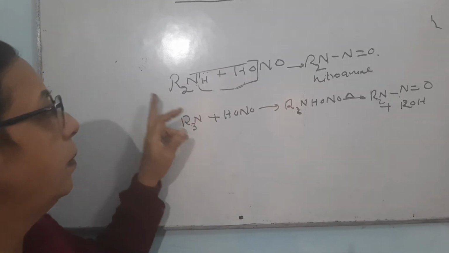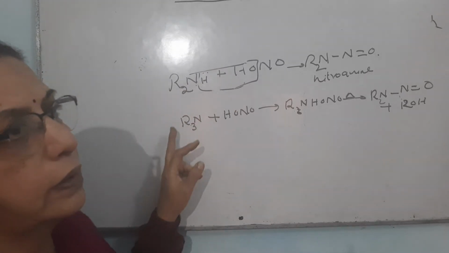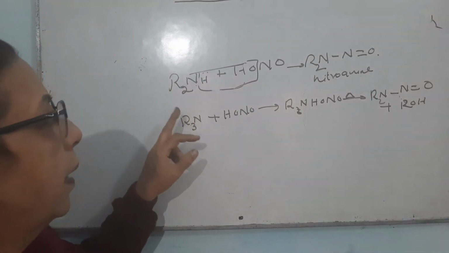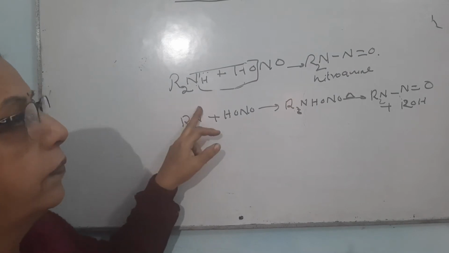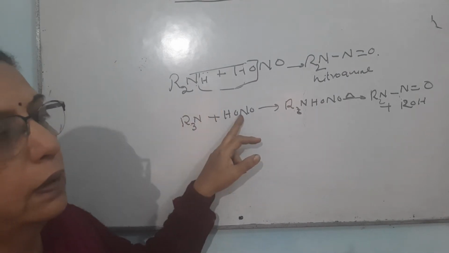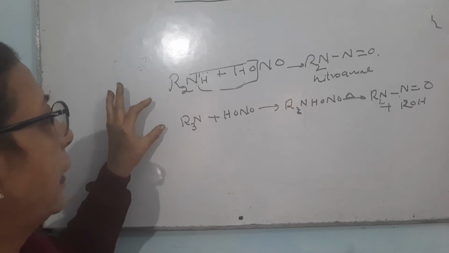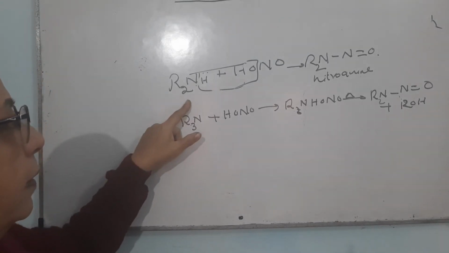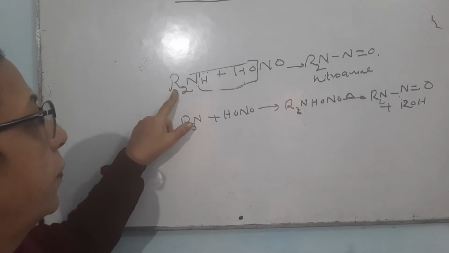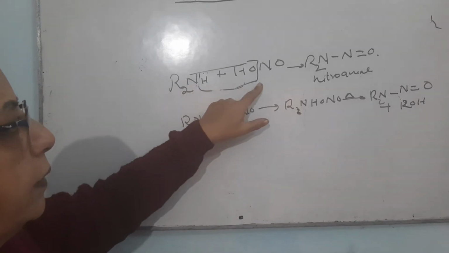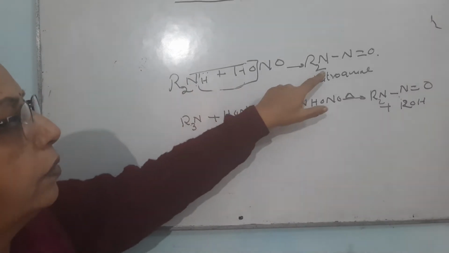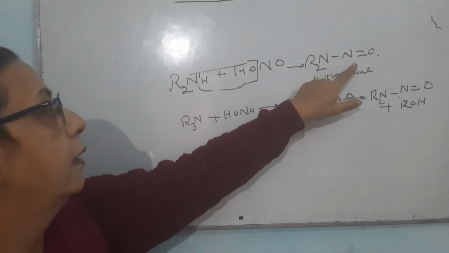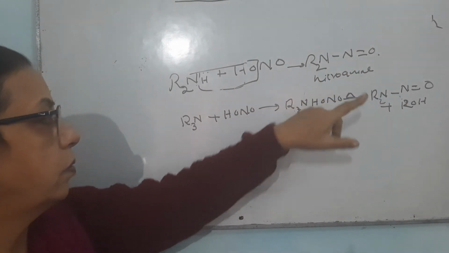Again, I am telling you, because these two reactions are not given in NCERT: the primary amine gives diazonium salt. But the secondary and tertiary amines react in a different manner. If the reaction of secondary amine is done with nitrous acid, it is R2N-N=O, nitrosamine.